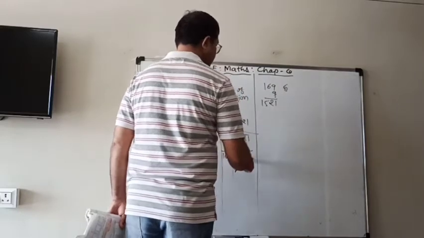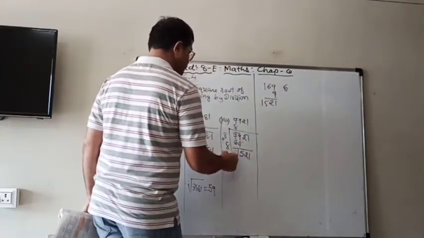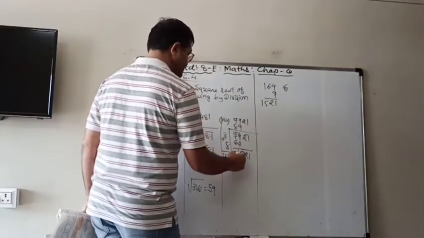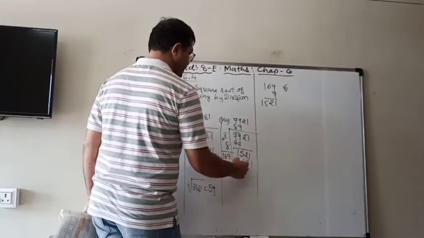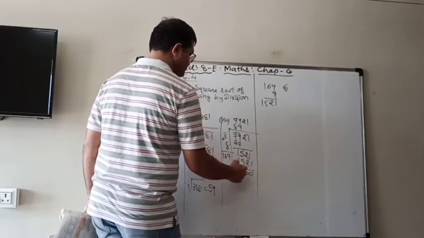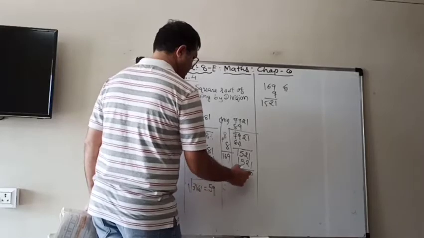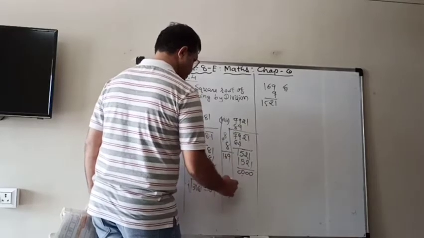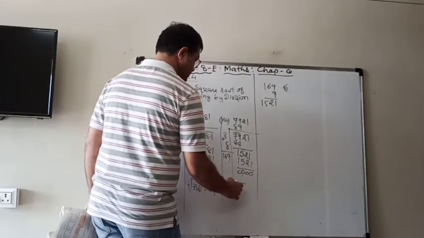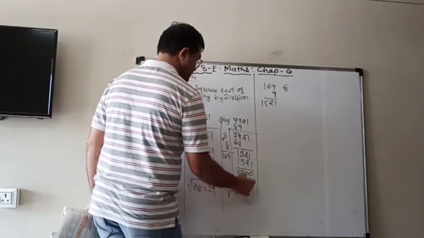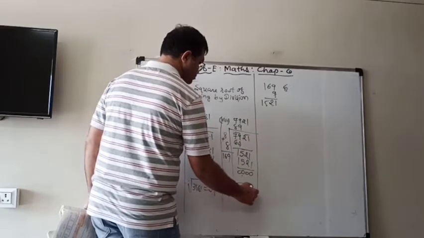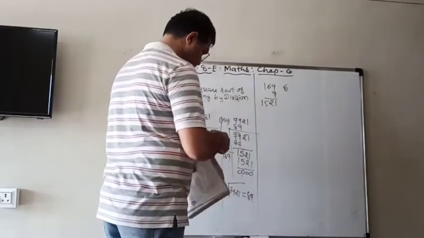Yes, it is 1521. So 169 9s are 1521. So the remainder is 0, therefore the square root of 7921 is equal to 89.